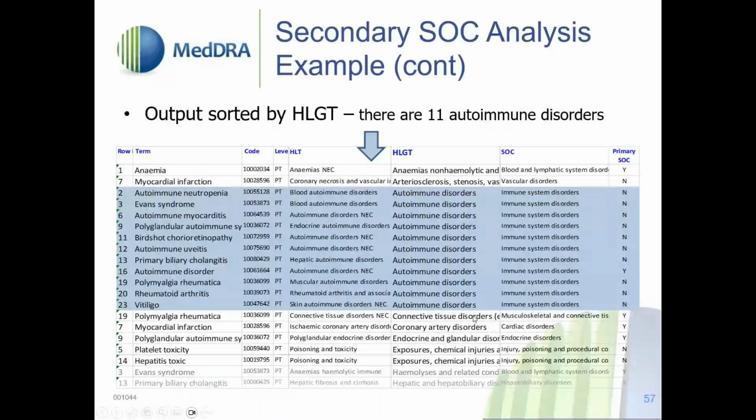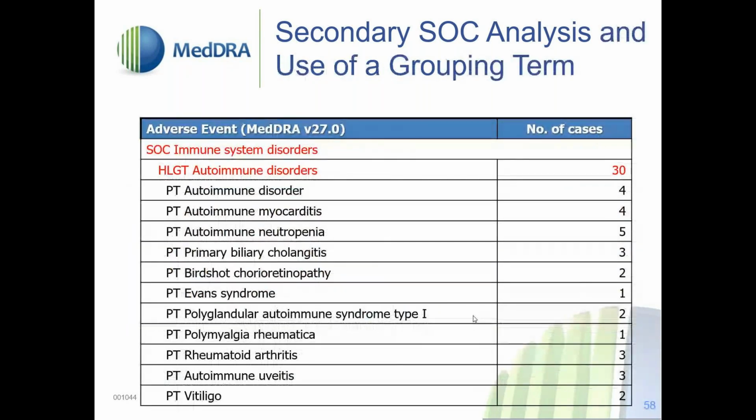This is again the output which I showed you. Here it is sorted by HLGT, and we see these 11 autoimmune disorders, which are also linked to, with a secondary link to the immune system disorder SOC. And if we combine this information with what we had before, you see that we have quite a lot of events for autoimmune disorders. It's always difficult to take a number of events and make a number of cases out of it.